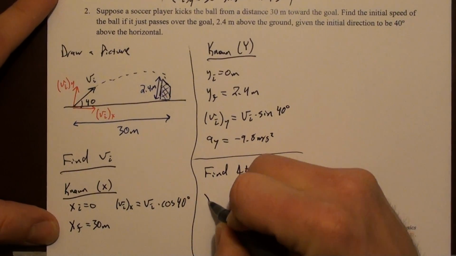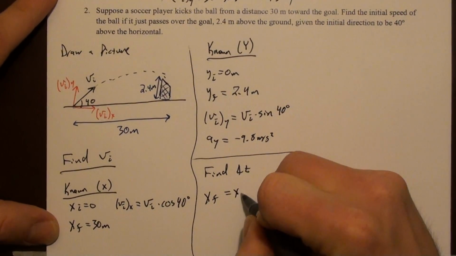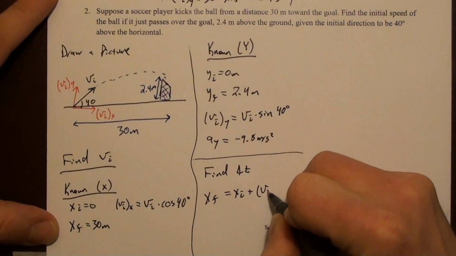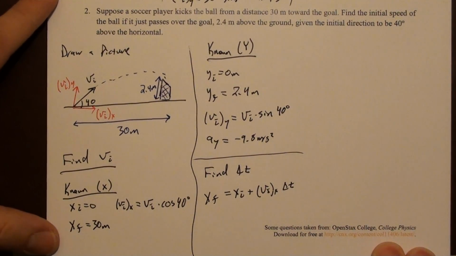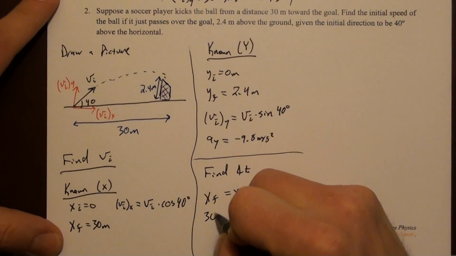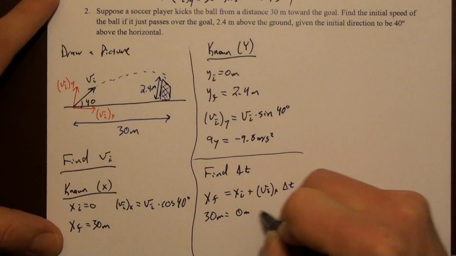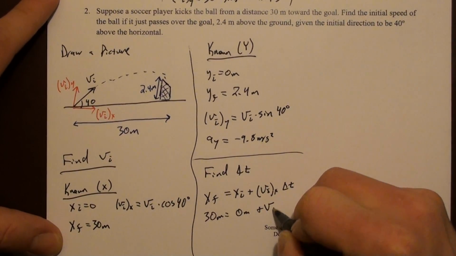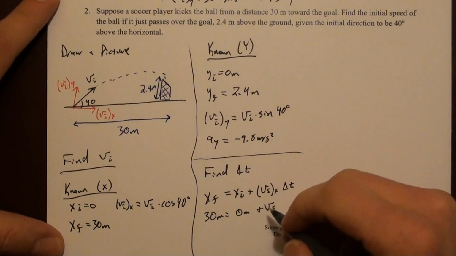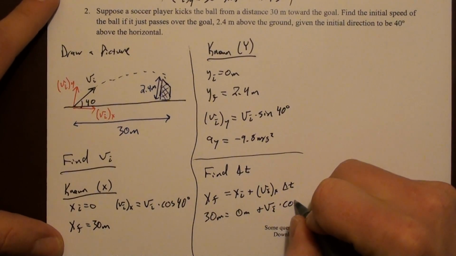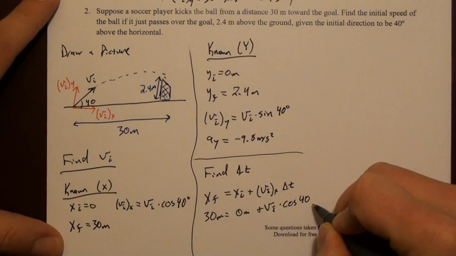Right? So simply put, we can say x final equals x initial plus vx delta t. Alright, we can plug in 30 meters equals 0 meters plus v initial in the x direction, which has this cosine 40 on it, cosine 40 times delta t.